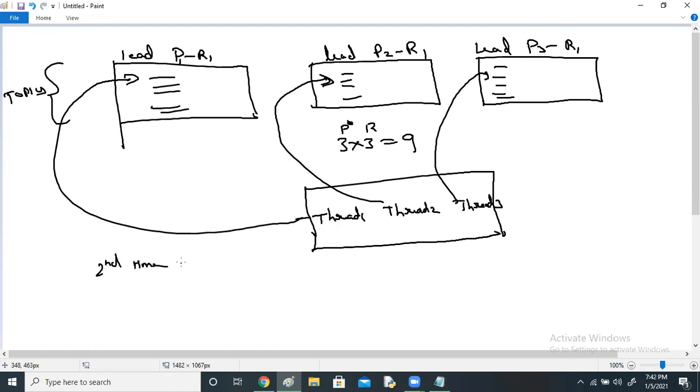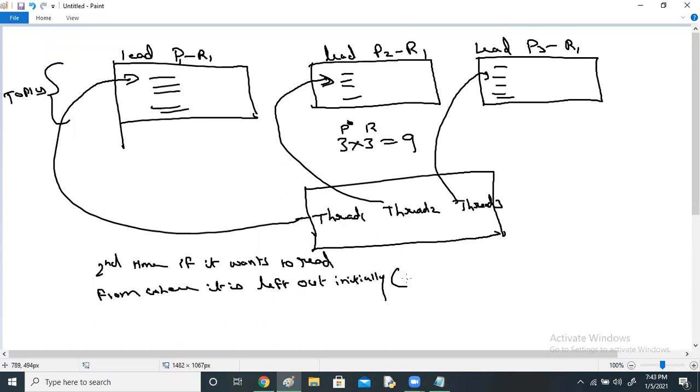Second time, if it wants to read, from where does it read?